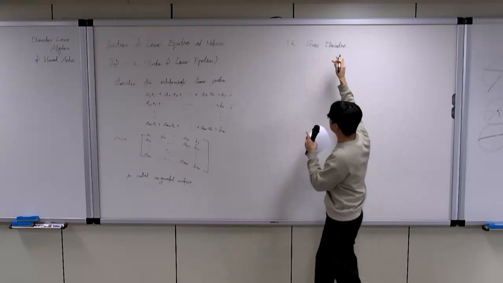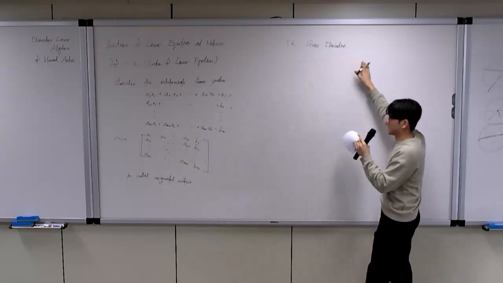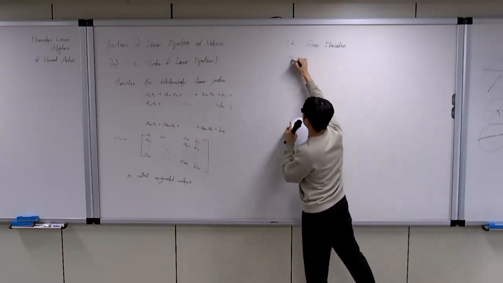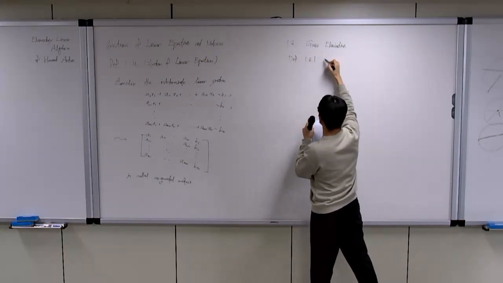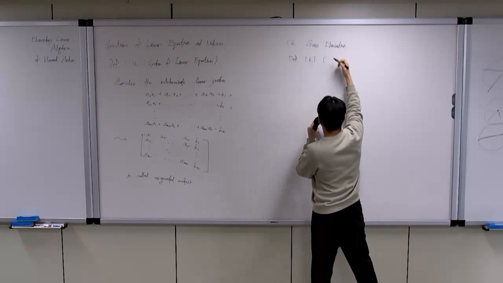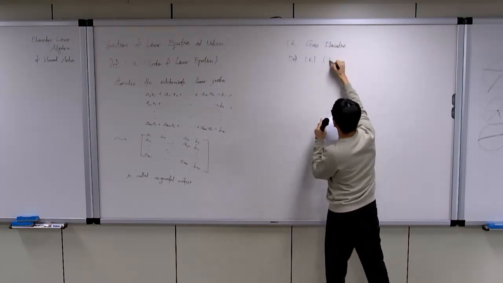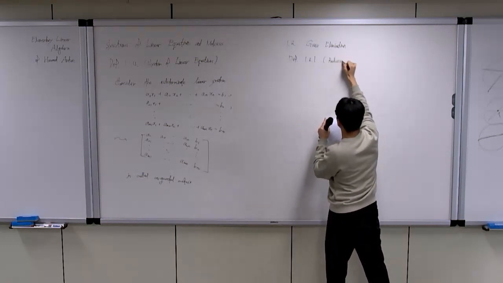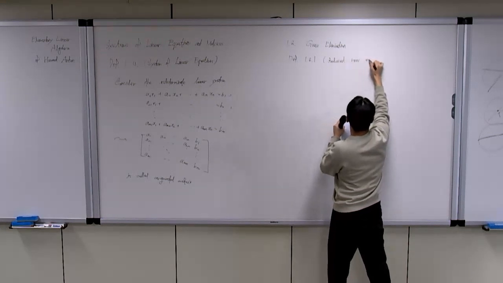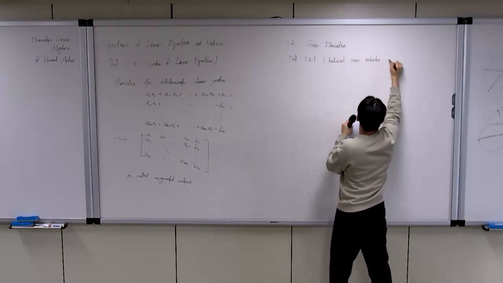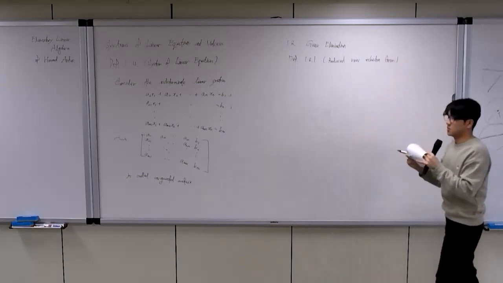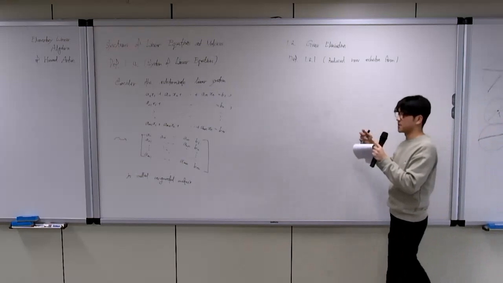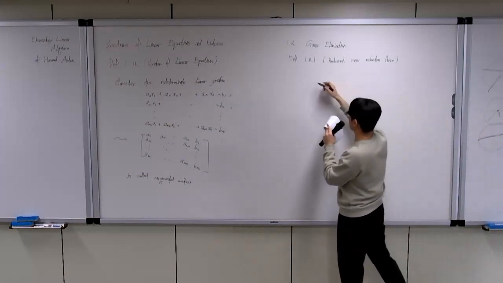To explain this method, we will define one thing: the reduced row echelon form. It should satisfy four properties.